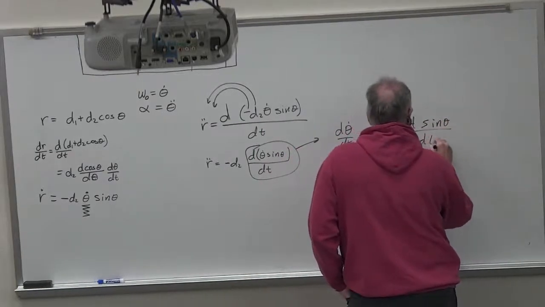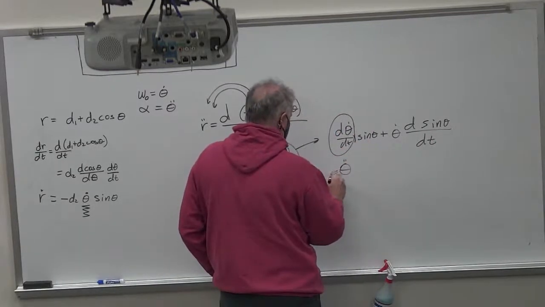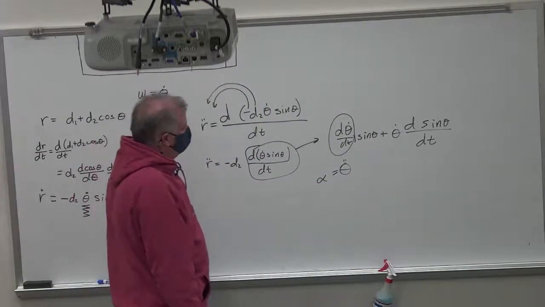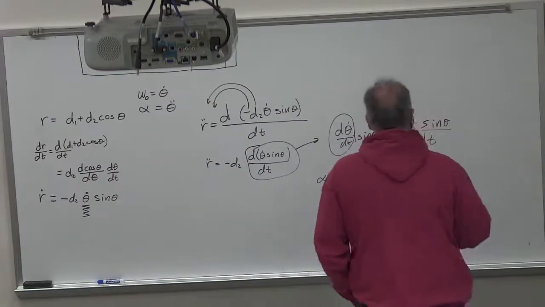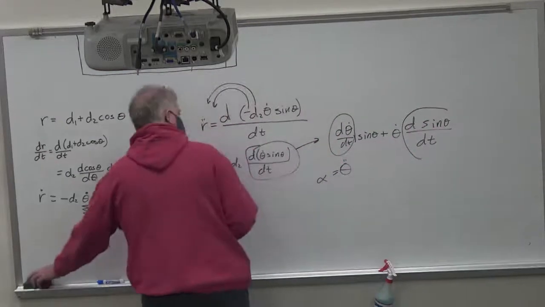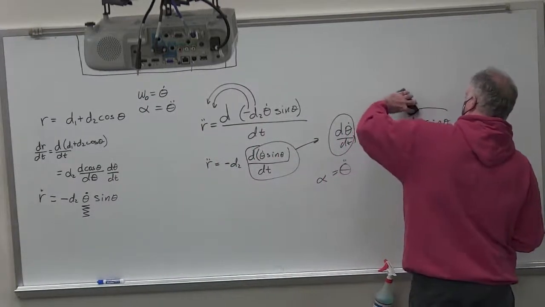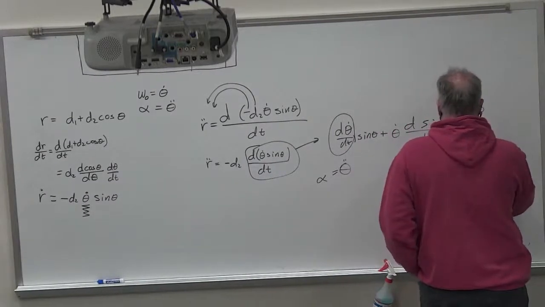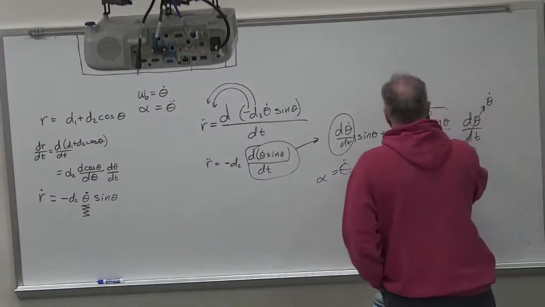And this part's easy because that's just theta double dot, or alpha. Then this part, you have to go back and do the same way you did before. I should have put a circle around that. You could go in and do d theta dt, and that just becomes another theta dot, and then that becomes cosine, right?